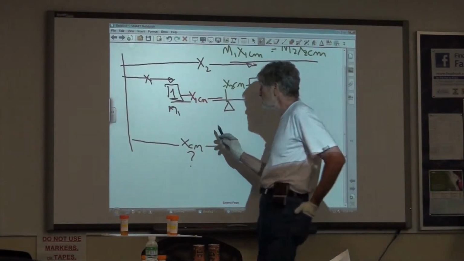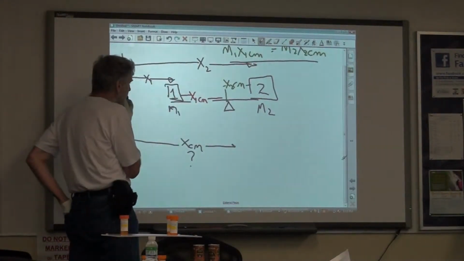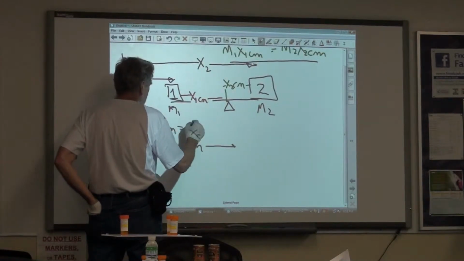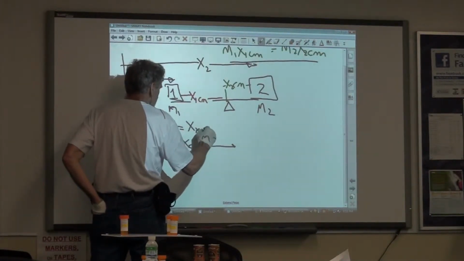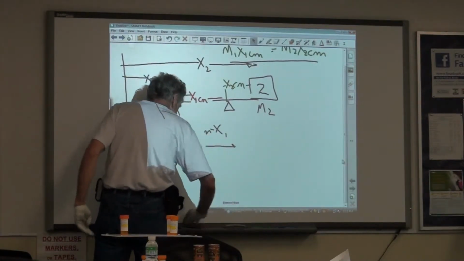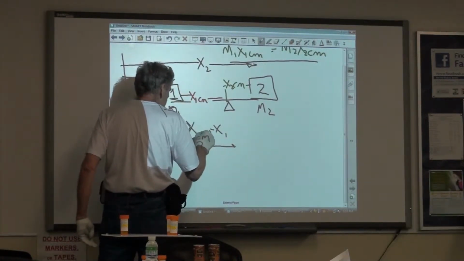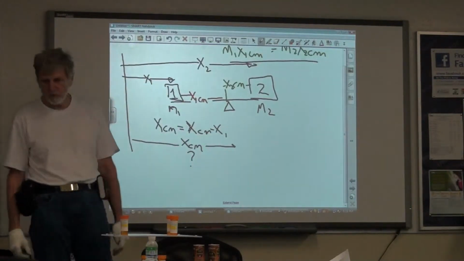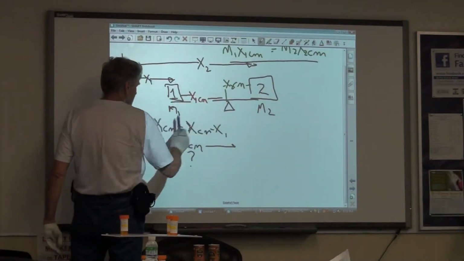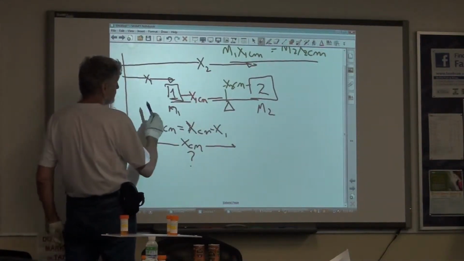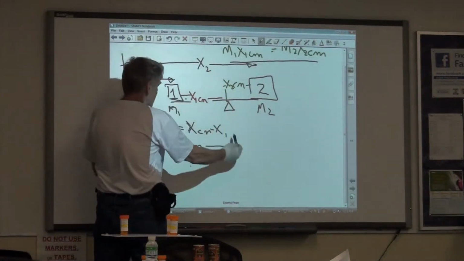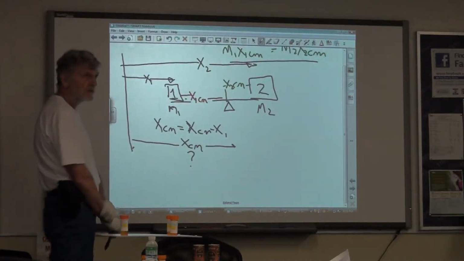Notice that x1 cm equals xcm minus x1. Agree? This distance is this distance minus that distance. All in favor?